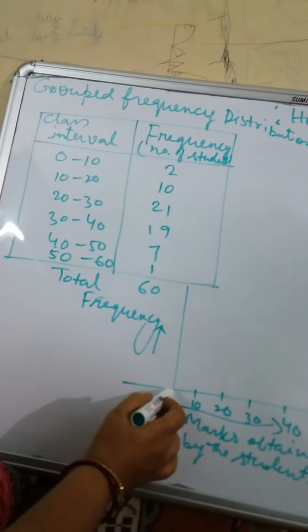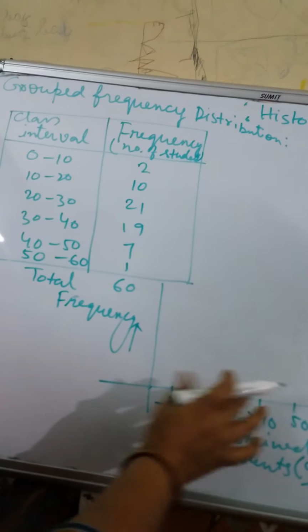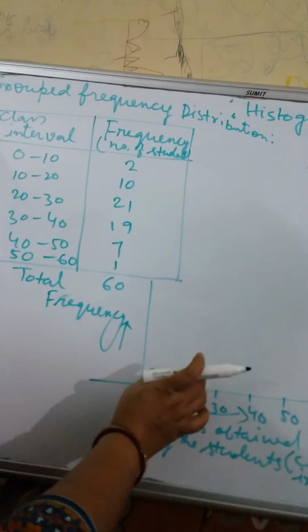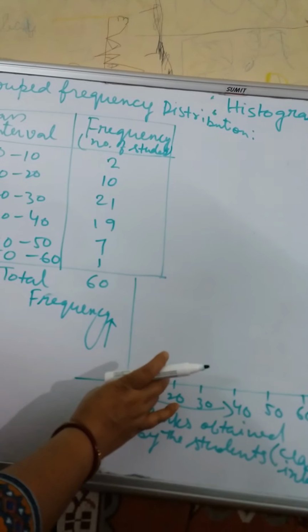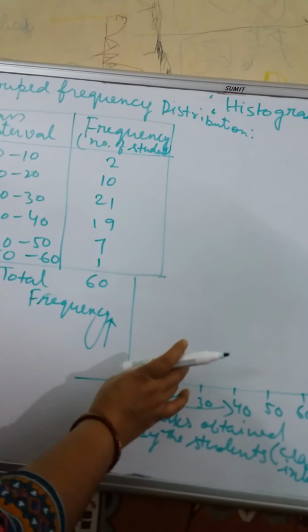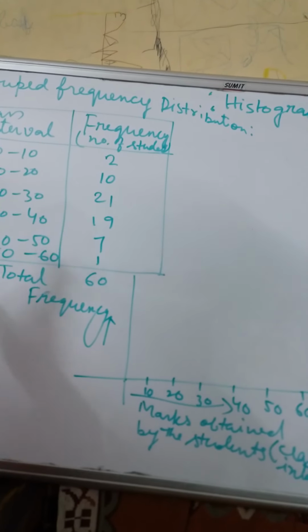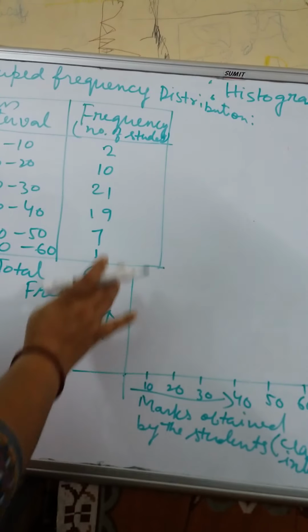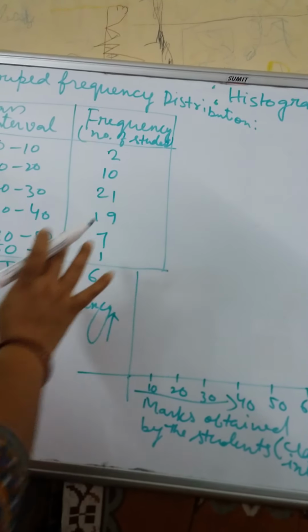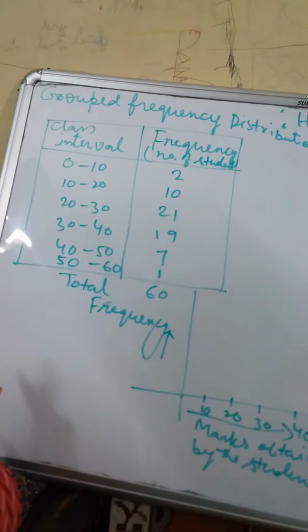So that range is between 0 to 60. You have to divide it into equal widths, so that each will represent a class. Along the y axis, in the same way, we will divide it into equal parts.